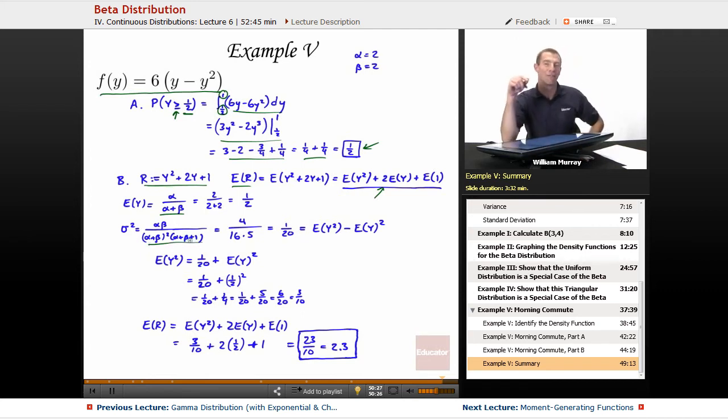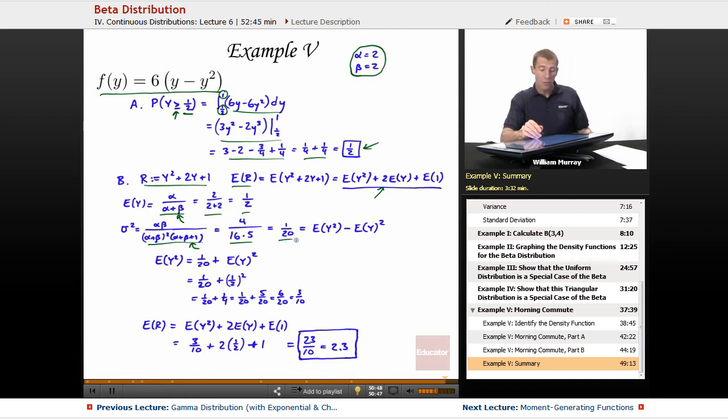If you scroll up, you'll see a slide called Key Properties of the Beta Distribution, and that's where I got these complicated formulas using alphas and betas. But then I just plugged in alpha equals 2 and beta equals 2, which was given to me in the problem, and simplified those down into fractions, 1/2 and 1/20.